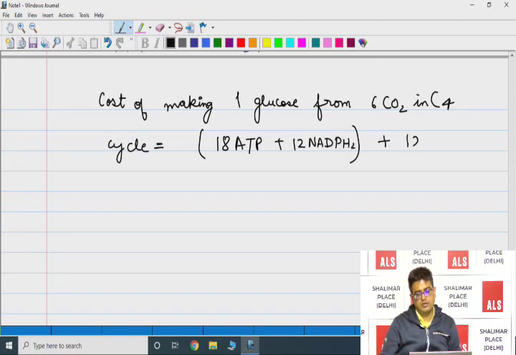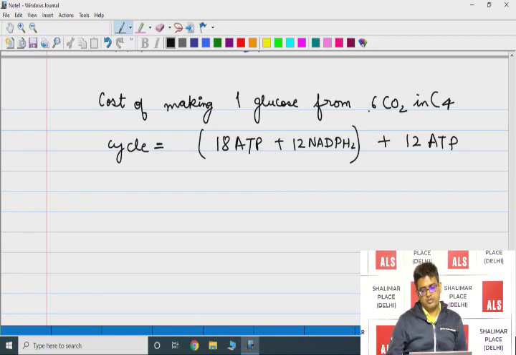Plus 12 ATP. Because in transporting one carbon dioxide you need 2 ATP, or 1 ATP into AMP, that is equal to 2 ATP only. So you have 6 carbon dioxide, so you need 6 into 2, 12 ATP.